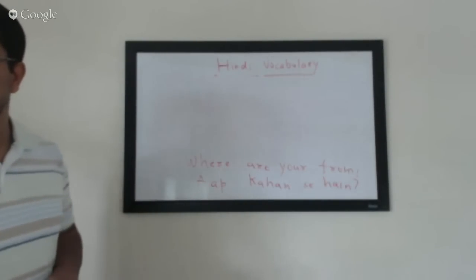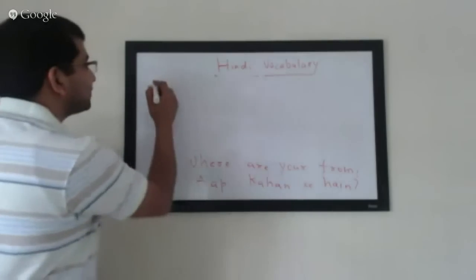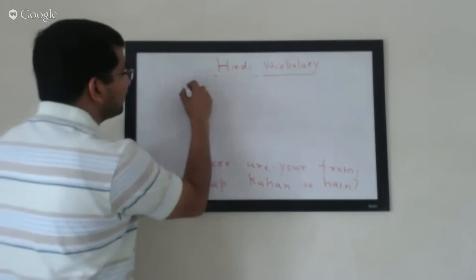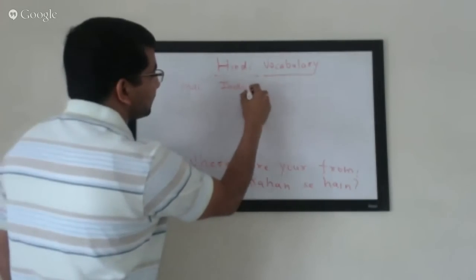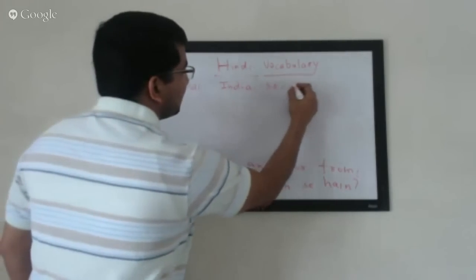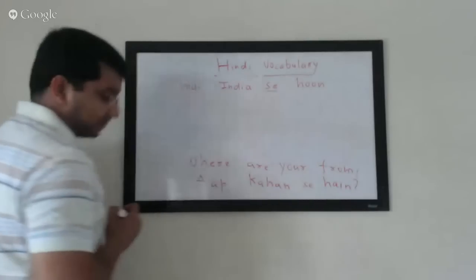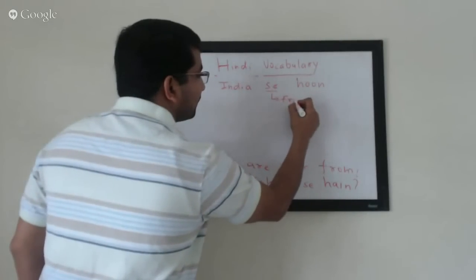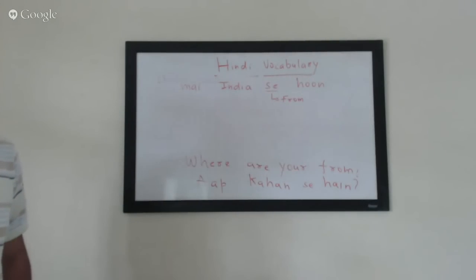At the bigger level, I can say मैं इंडिया से हूँ. And if you are new, से is nothing but a postposition, which means I am from India.